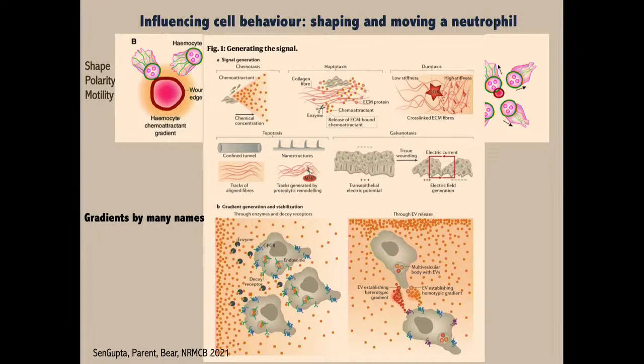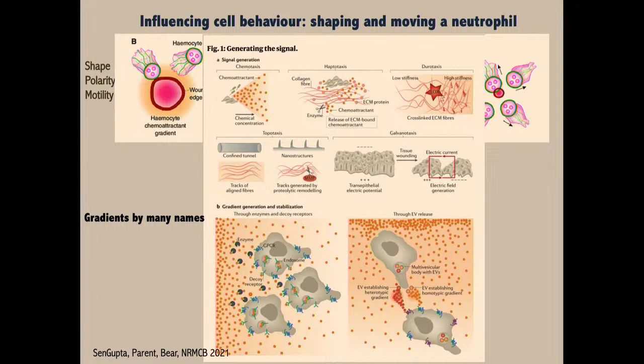For example, you could have a material that either has a gradient of stiffness or just two discrete regions of high and low stiffness that could preferentially attract these neutrophils. You could have topotaxis where some structural feature could be what attracts these cells, and these structural features need not necessarily be graded, but they could be periodically spaced like that.